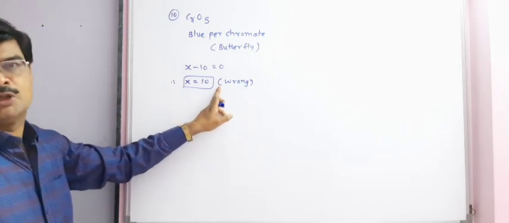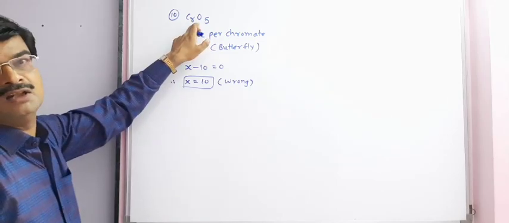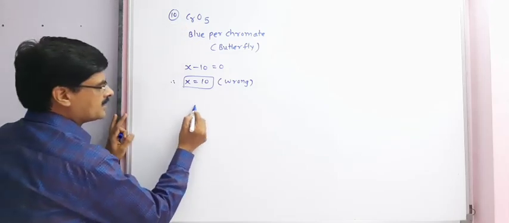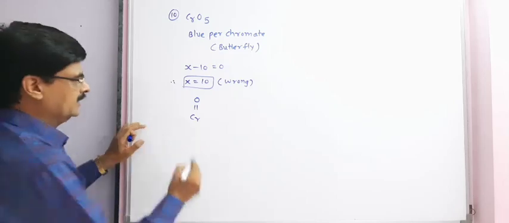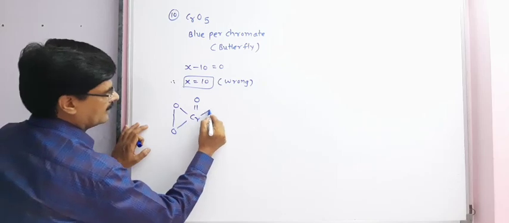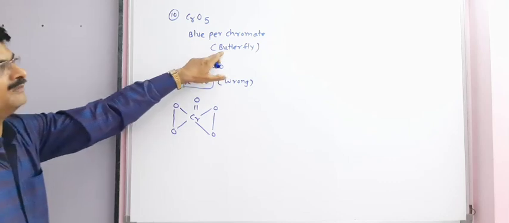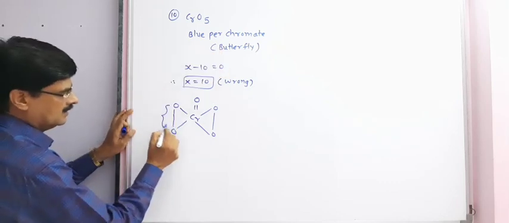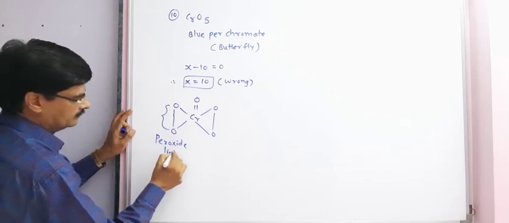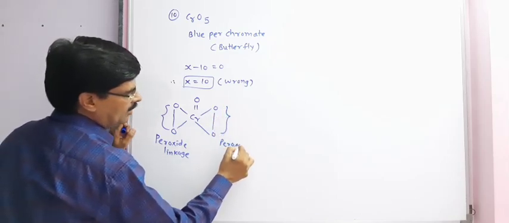So it is better if we draw the structure, or by the trick method as I mentioned, we can find the real oxidation state possible in the case of chromium. When we draw the structure of CrO5, it is the same as a butterfly. Here we have a peroxide linkage, and here also we have a peroxide linkage.